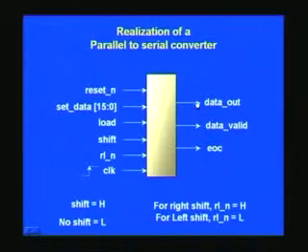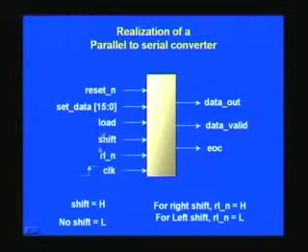This will be a serialized output, a single bit, and when this is valid, that also will be indicated by another signal which is data valid. If required, we can use this. If it is merely asynchronous, you are not really bothered about these two signals. And when the conversion is over, you have to have an end of conversion signal, so we give one more signal here as end of conversion.